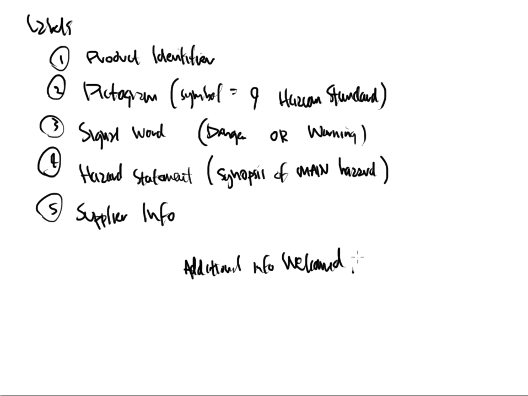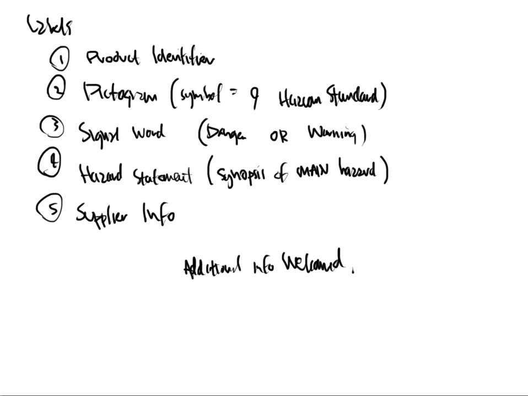It's got to be the name of the substance, the pictograms if needed on some of the hazards, signal words of danger or warning to let someone know they've got to be careful using it. Some type of hazard statement, if applicable, should be on the label. And then finally, the supplier information. Where did it come from? Who made it? Who bottled it? Who shipped it? Those are the types of things that we would see in the supplier info.